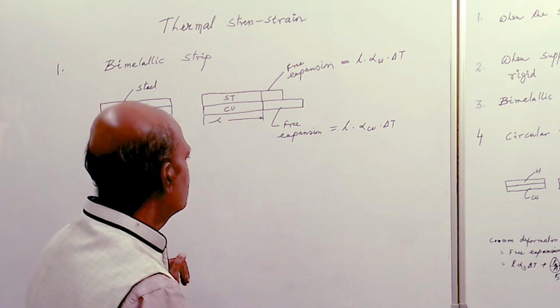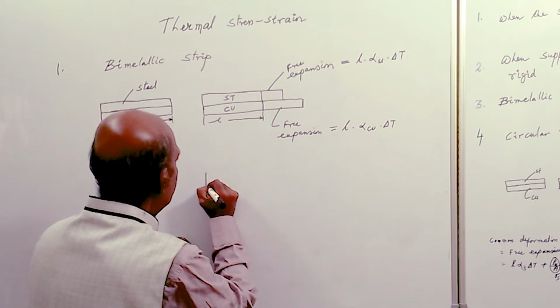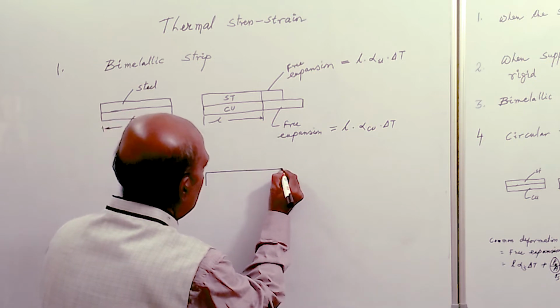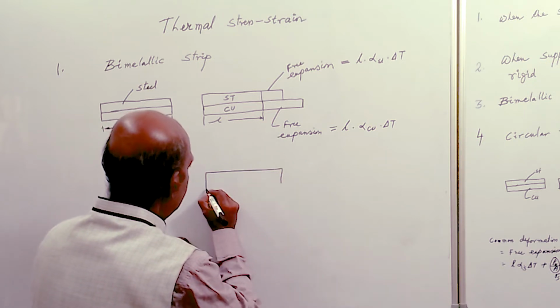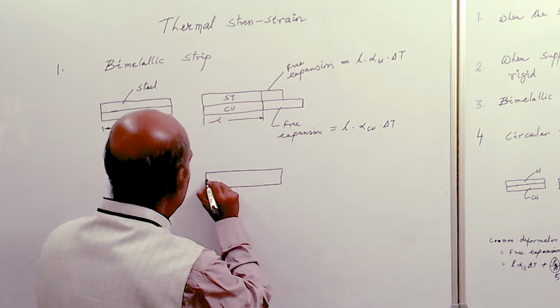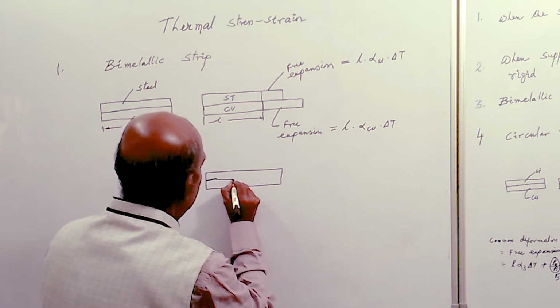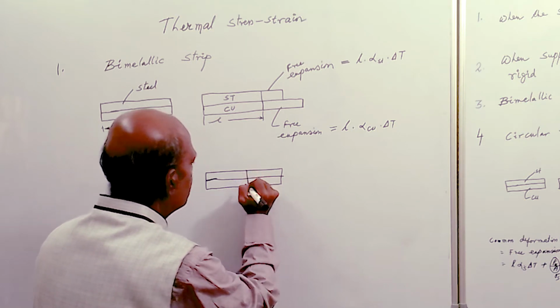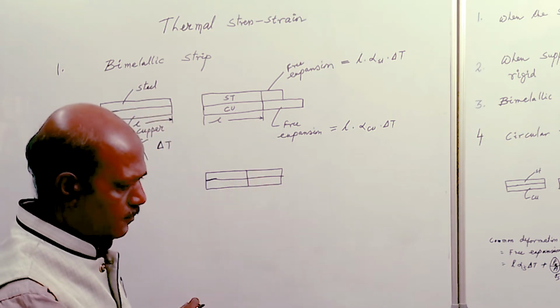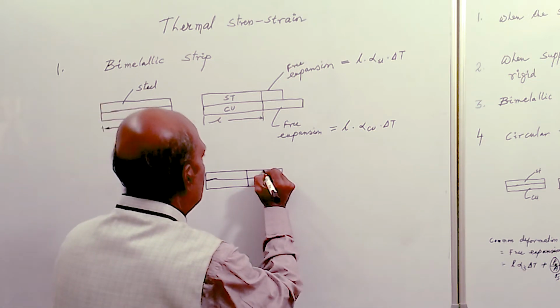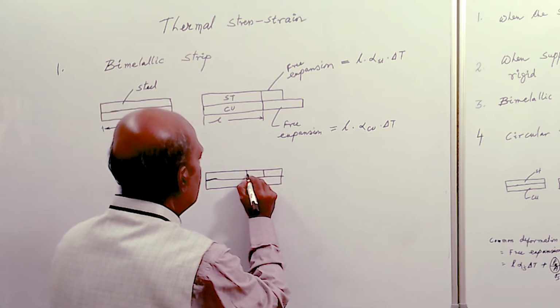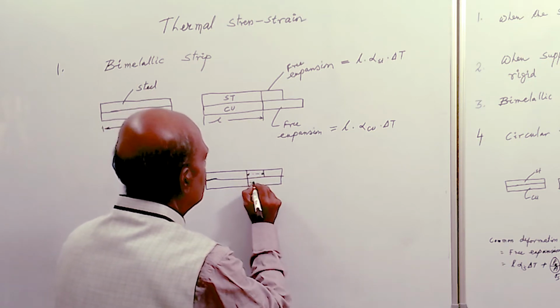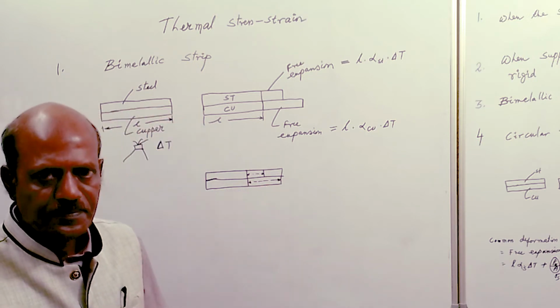So in another figure, this is the original length of the member, this portion is the free expansion of steel, and this portion is the free expansion of the copper bar.